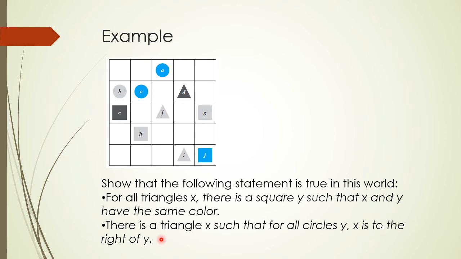So can you find a single triangle, or at least one triangle, which is to the right of all the circles? Yes, the triangle D is to the right of all the circles. Therefore, this multiple quantifier statement is also true.